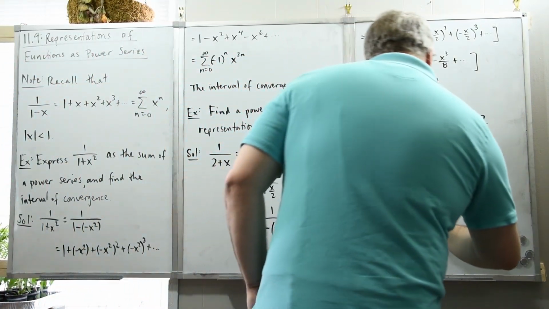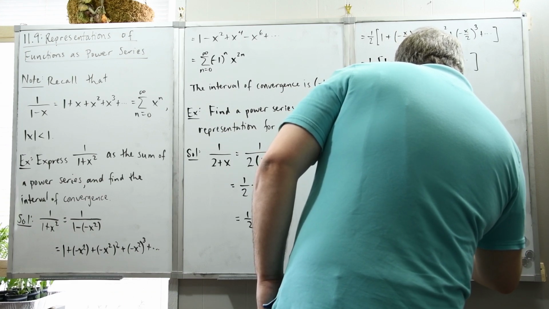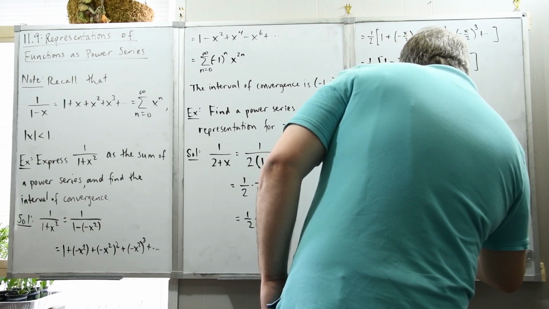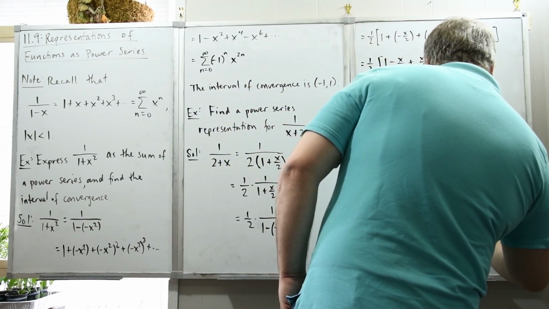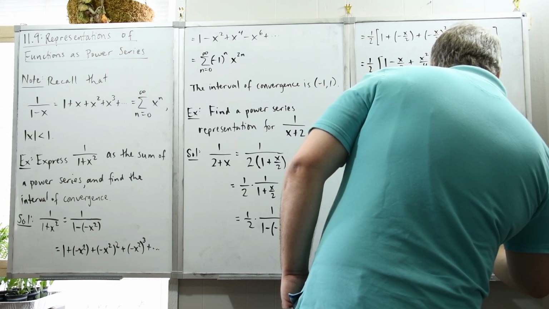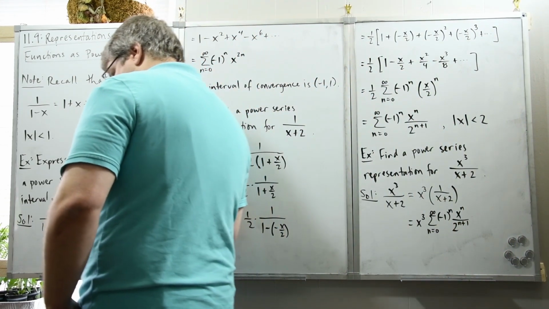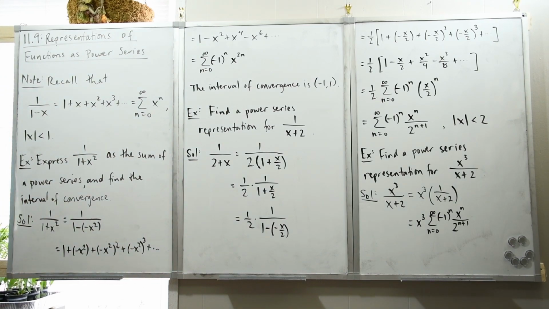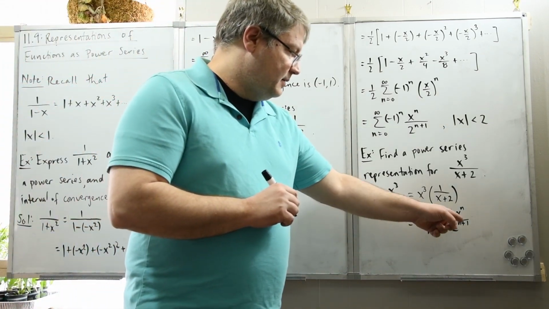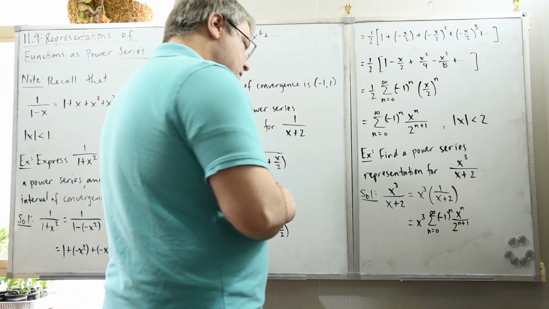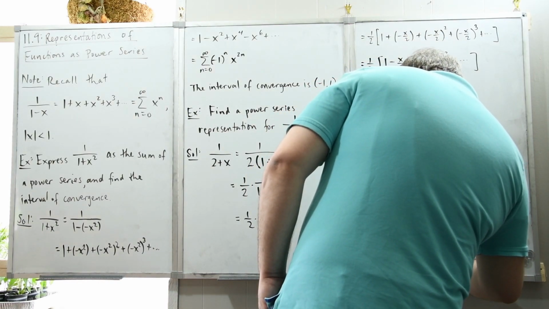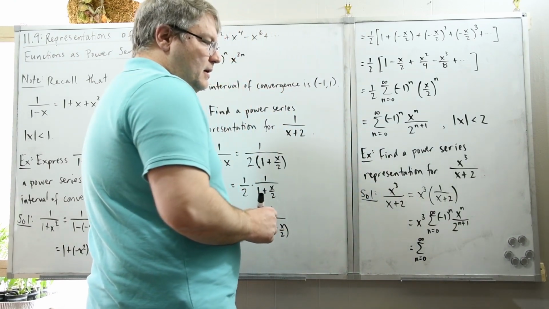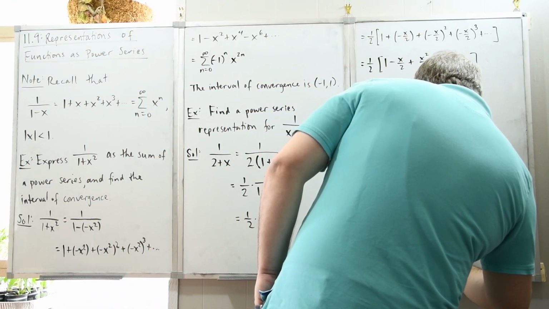And so when we write it this way and we realize that 1 over x plus 2 can be written in this fashion, then what we get is x cubed times summation n equals 0 to infinity, negative 1 to the n, times x to the n over 2 to the n plus 1. But this x cubed can be brought back inside the sigma notation here, and what we'll have is summation n equals 0 to infinity, negative 1 to the n.